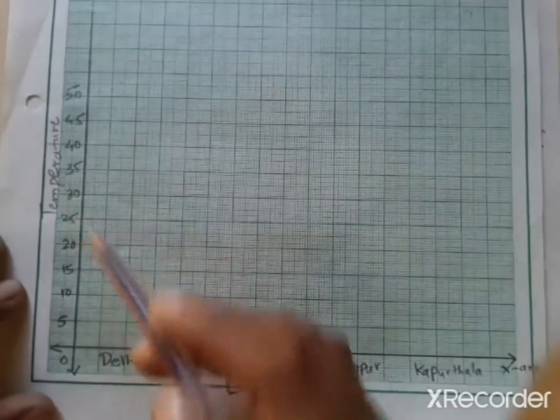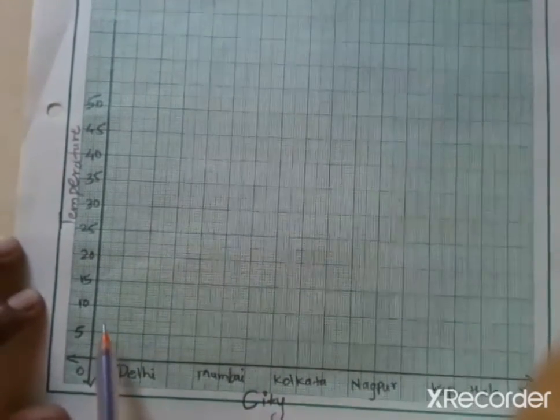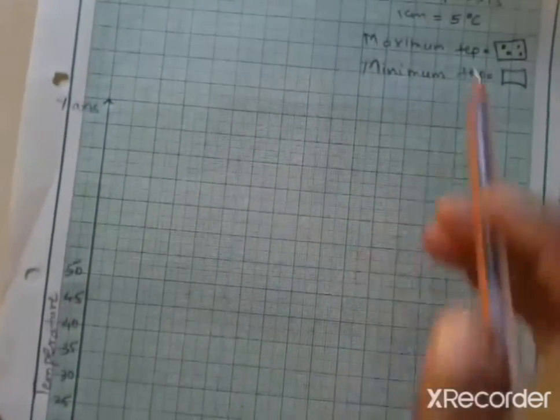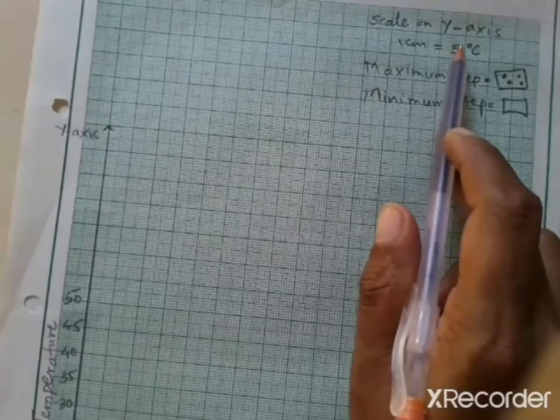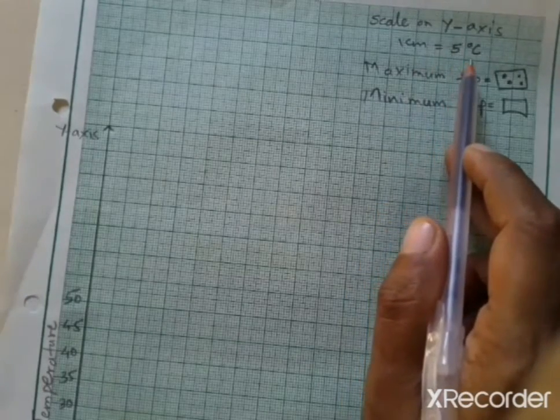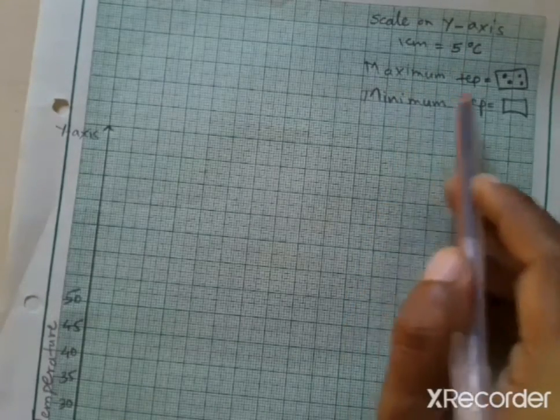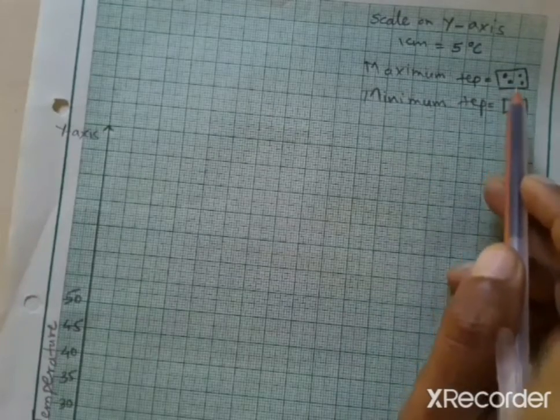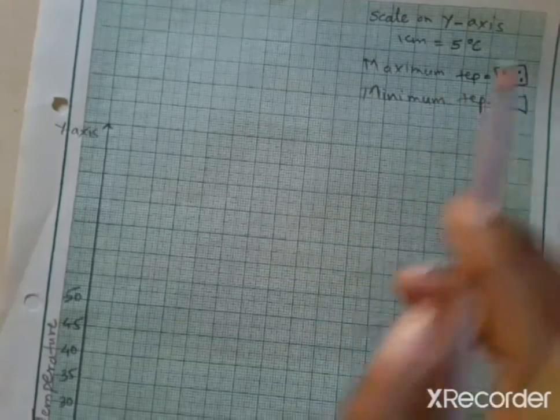After that, on the y-axis, 1 centimeter equals 5 degrees Celsius. So 5, 10, 15, 20, 25, 30 and 35 are given. Now look here.